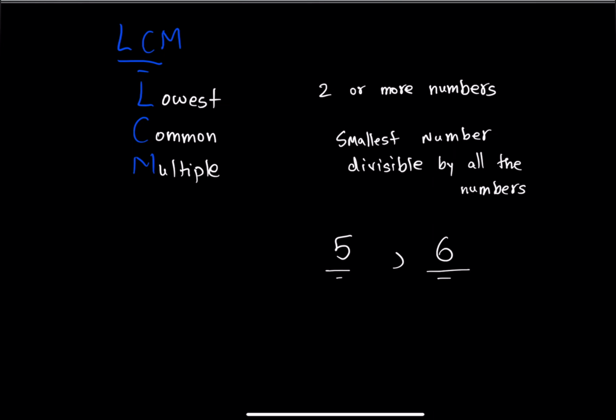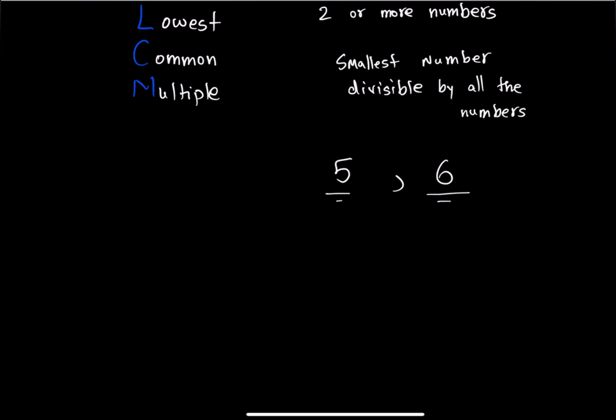There are a few ways to find the LCM, but we're going to be focusing on one way of how you can find the LCM. So if you take 5 and 6 and make a table like this, if you think about what their factors are, you can find out that 5 and 6 have no common factors.